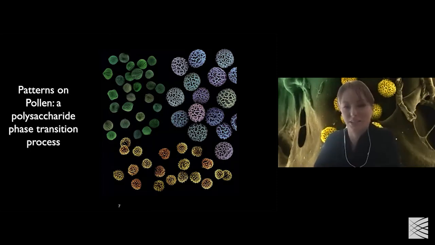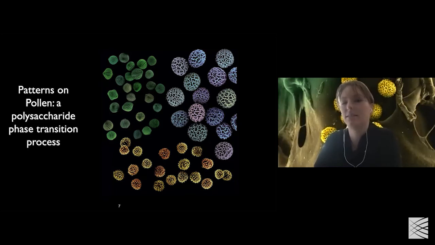Okay, so let's get started with the details. What I have pictured here on the right are three different species of pollen. The whole point of this picture is to show that you get a huge diversity and range of patterns on pollen. On the top left, you have these stripy patterns that come from a houseplant called the peace lily that some of you might have in your house.